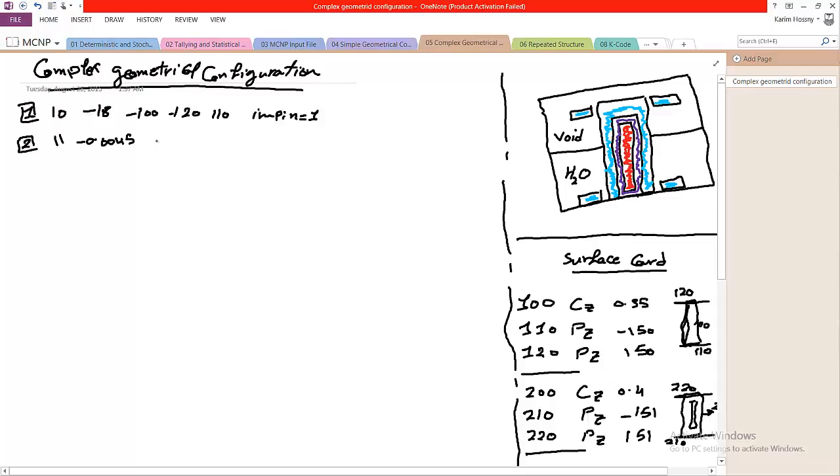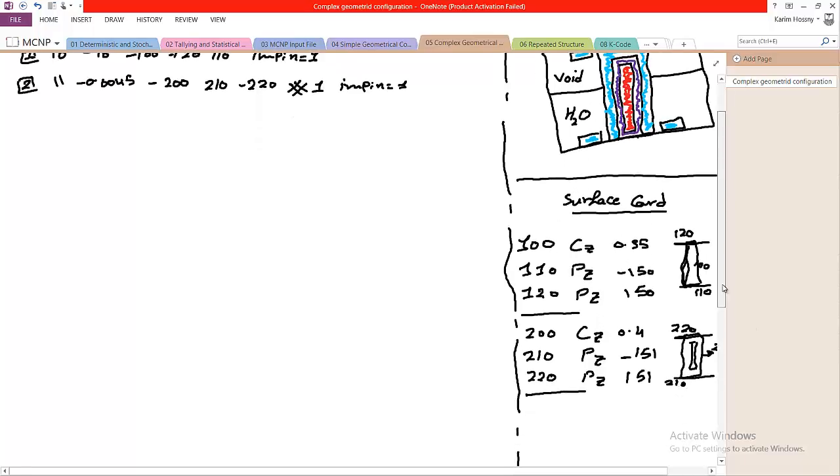Then it will be negative 200, inside the cylinder called 200, in the positive direction of the plane 210, negative direction of the plane 220, excluding all which is in cell 1, and the importance of neutron equals 1.